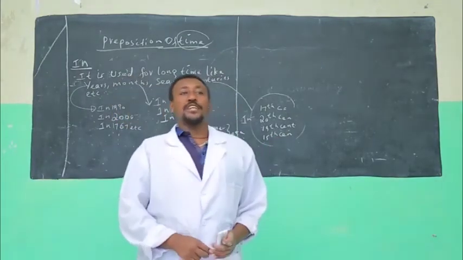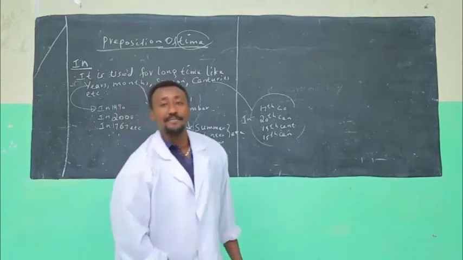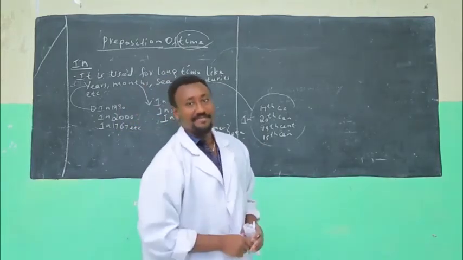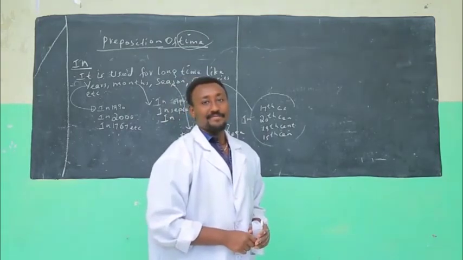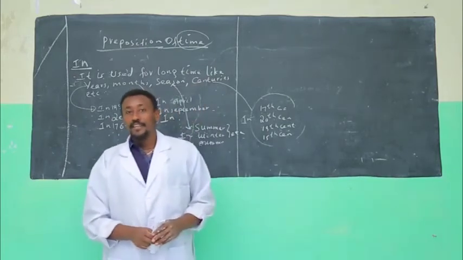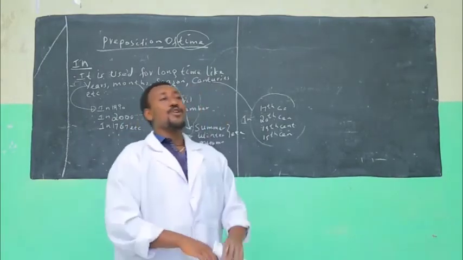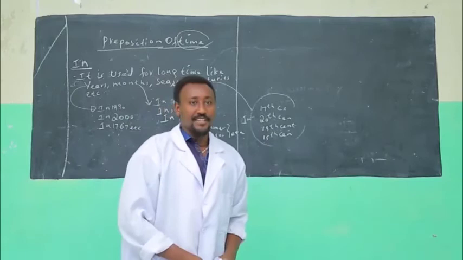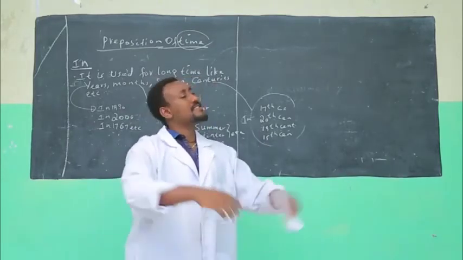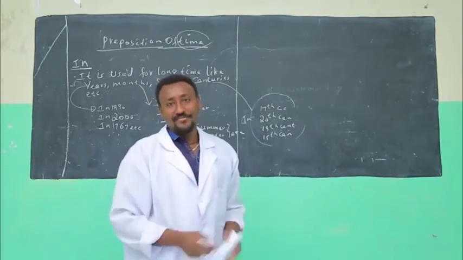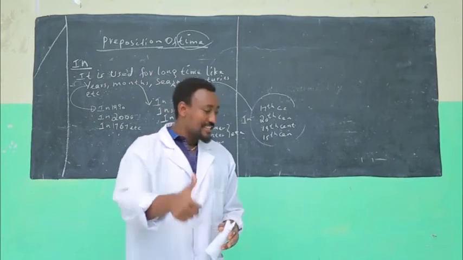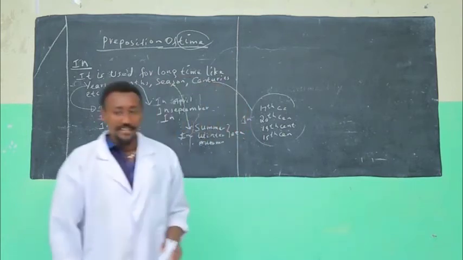"At" is used for expressing exact time, specific time, particular time. However, "in" is used for long years, decades, centuries, months, etc. Excellent you are. I think you understand the topic.